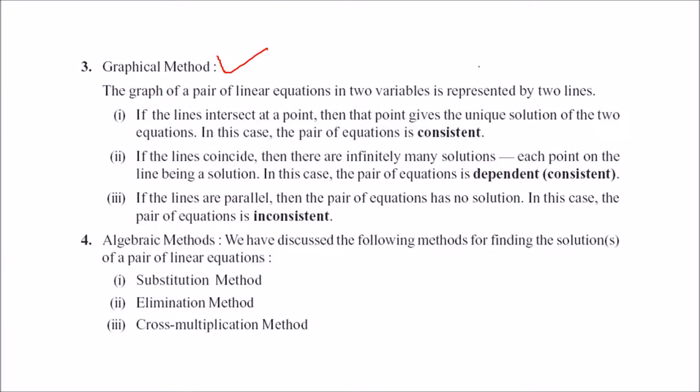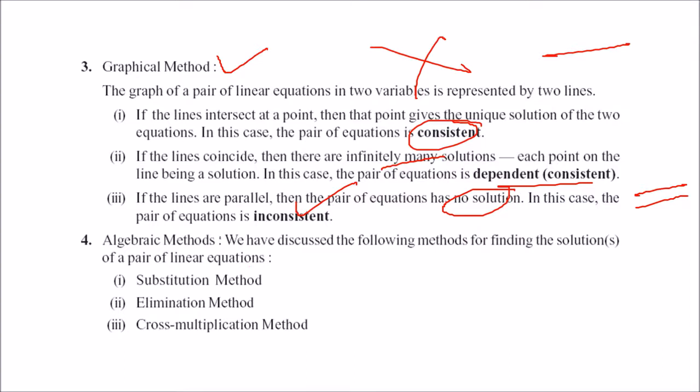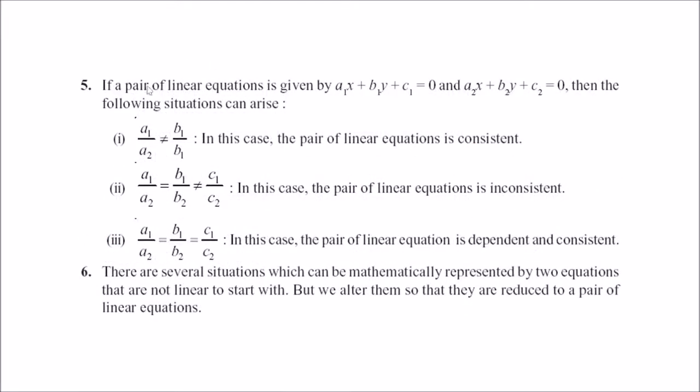You can use graphical method: if lines intersect, the solution is consistent. If lines coincide, they are dependent and consistent, with infinitely many solutions. If the lines never intersect, they have no solution, so they are inconsistent. When you go to algebraic methods, you can use substitution, elimination, and cross multiplication. So this is how you find out whether they are consistent, inconsistent, or dependent and consistent.